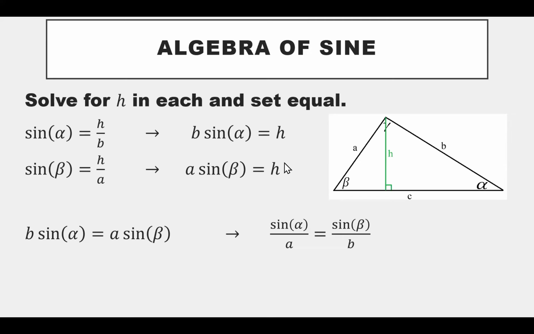Since both of these are equal to h, we can set them equal to each other: b sine alpha equals a times sine of beta. Then divide both sides by b and by a, and we get sine of alpha over a is equal to sine of beta over b.